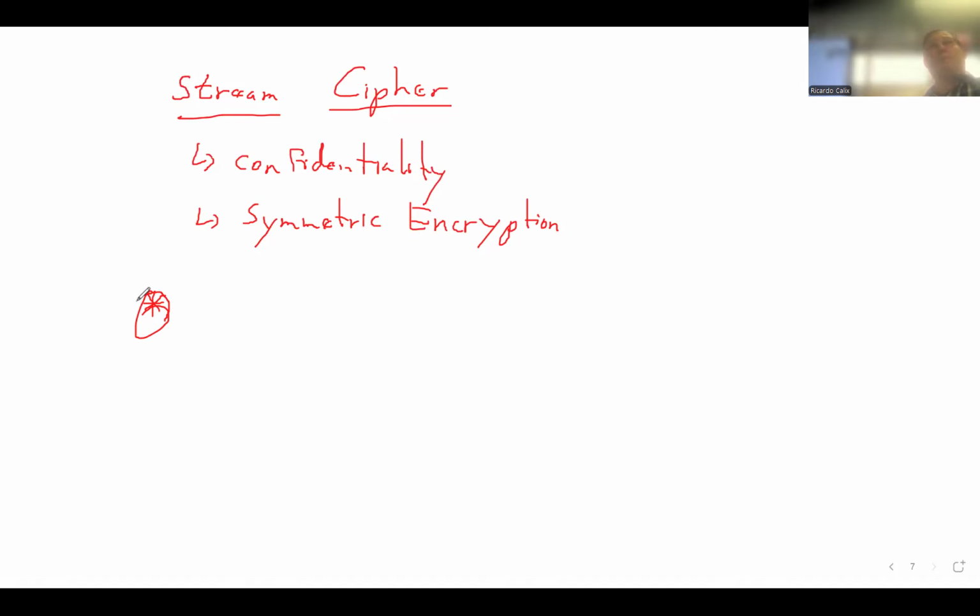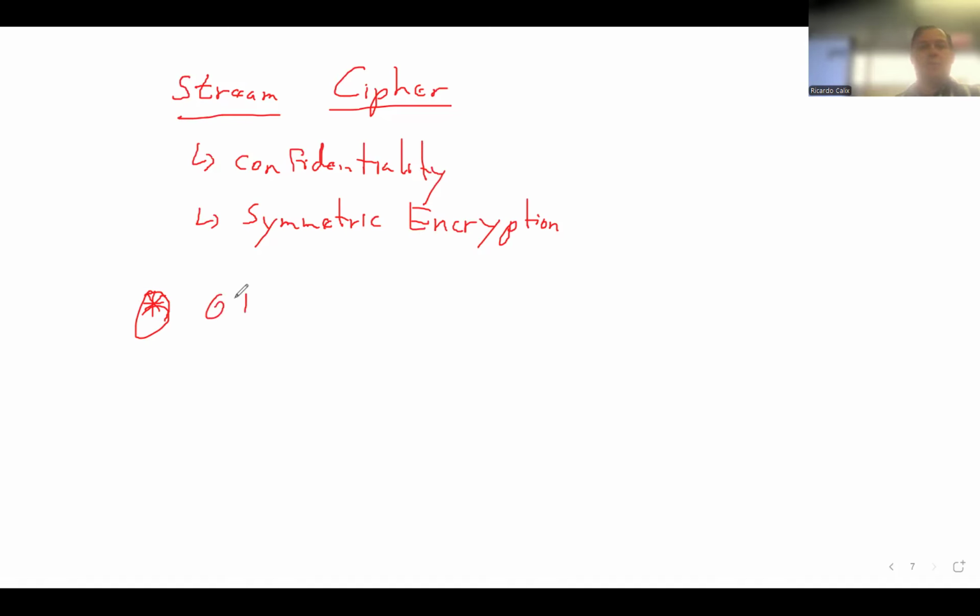And why? Because it's random, but there's a few problems. We can XOR, but for it to be secure, the one-time pad needs what? To be as large as the original data? As the message, exactly. The one-time pad needs to be as long as the message, right? That's what Claude Shannon concluded.